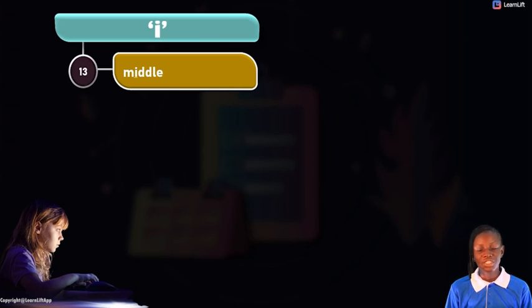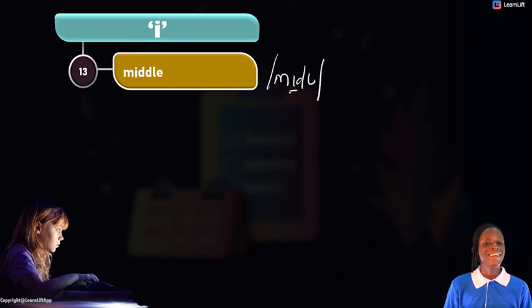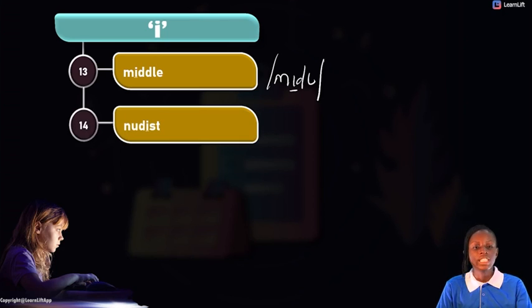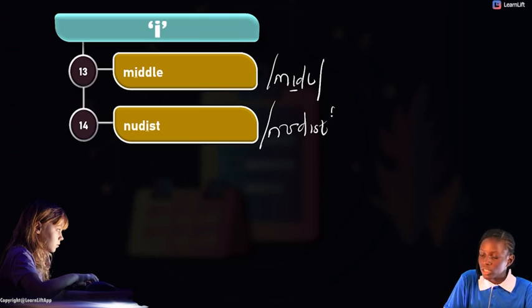Now our middle is transcribed as middle. Do not forget that we cannot have double sounds, just one, and whatever is not pronounced cannot be transcribed here. So our next example we have nudist, transcribed as this, just as it is pronounced, having our E sound here.